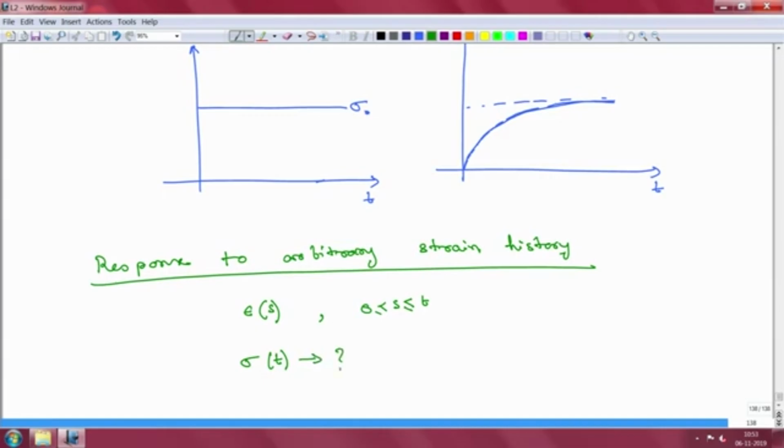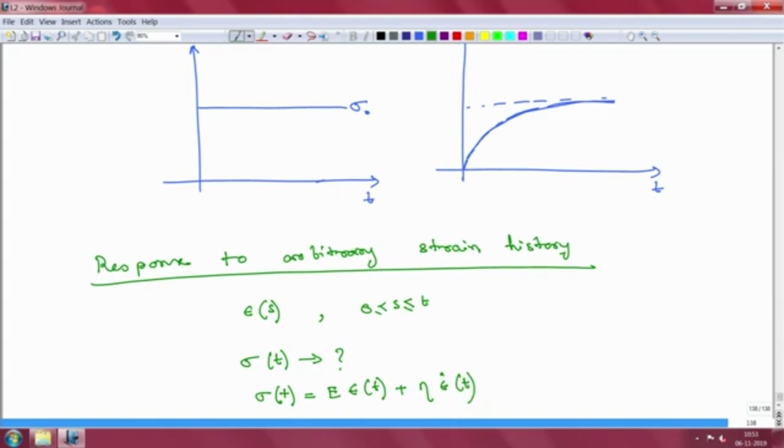Now, if we go back to the governing equation for this particular body, we have a very simple form, right. So we have sigma t equal to E epsilon plus eta epsilon dot t.